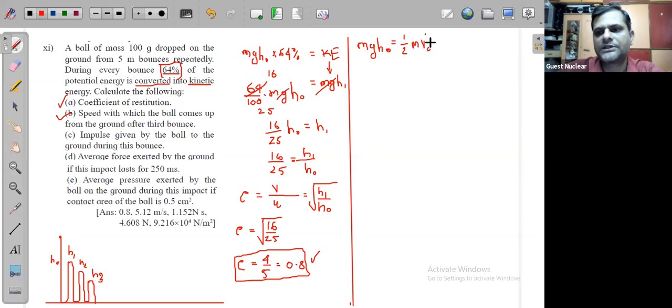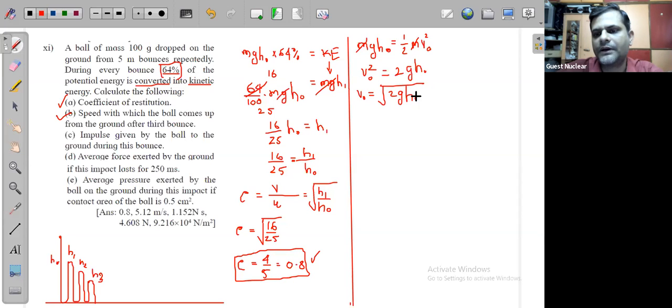So this is the relationship between the velocity and height h naught. If we cancel out this m from both sides, and send the 2 to the other side, we get v naught square equal to 2g h naught, right? And then v naught is equal to root of 2g h naught.